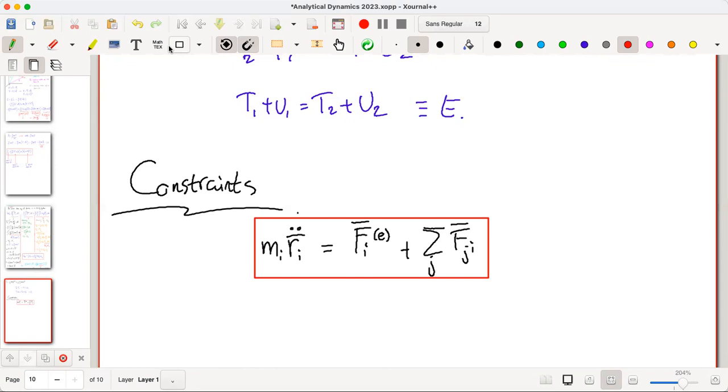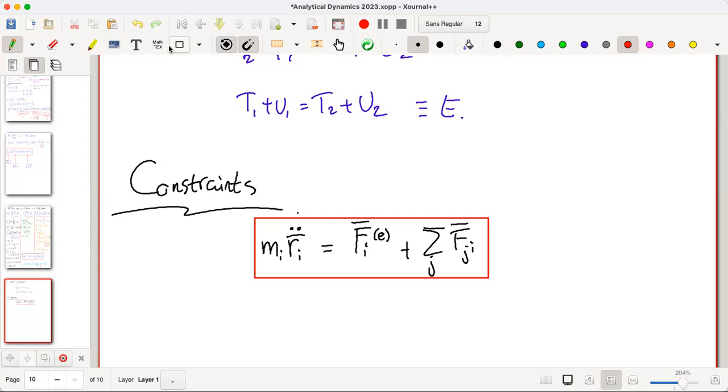But those forces still affect the behavior of the system, or even those forces are the ones that constrain the motion of the system to a specific behavior. And that's why those forces can be called the forces of constraint.